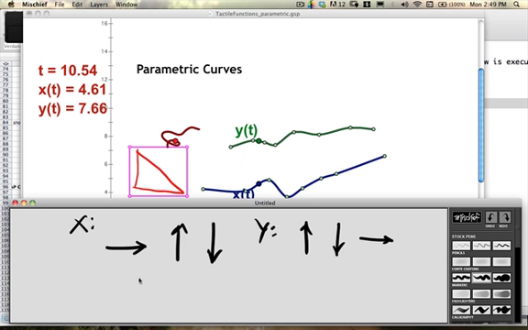So what does this look like for a curve? For the x curve, I'm looking for a curve that stays pretty steady and then increases and then decreases. And for the y curve, I'm looking for a curve that increases and then decreases and then stays pretty steady.